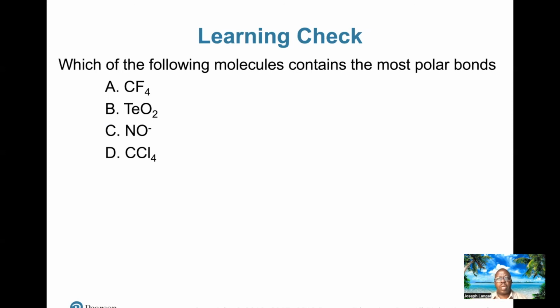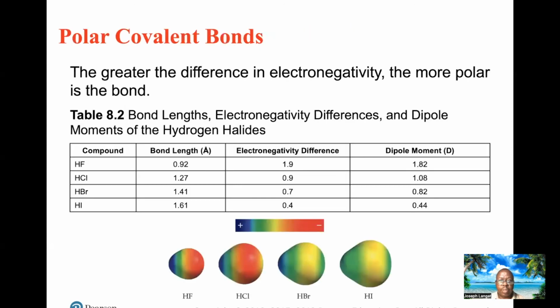So here the most polar is carbon tetrafluoride, because fluorine is the most electronegative element on the periodic table.